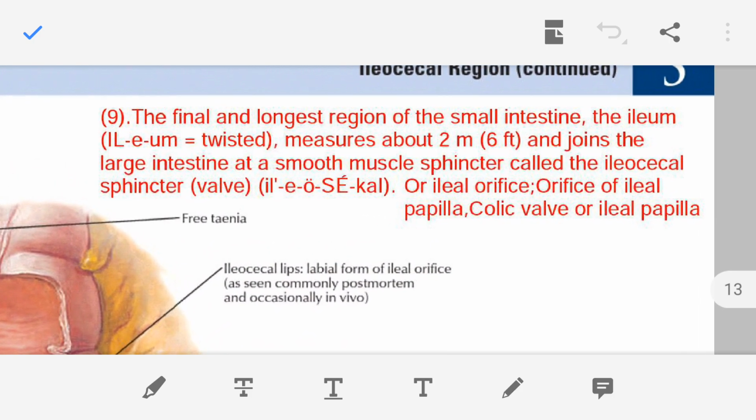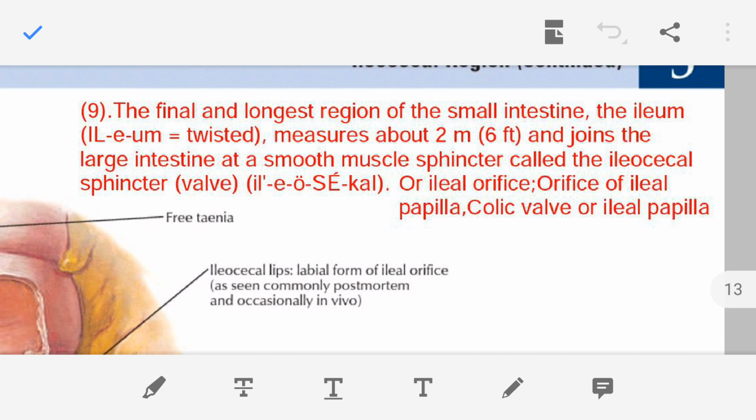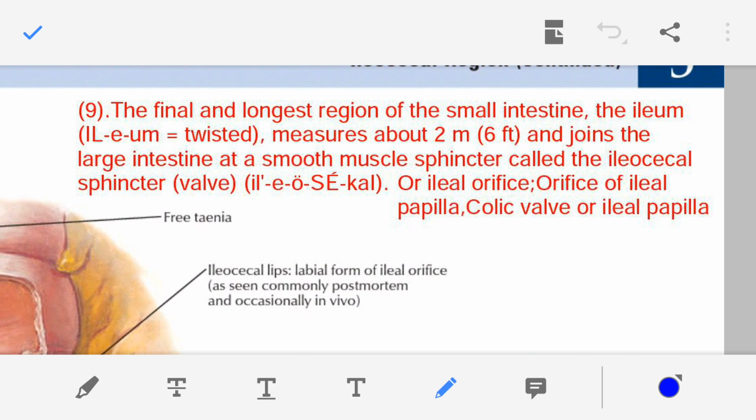There are many names for this single wall. One name is ileocecal sphincter. This wall is also known as the colic wall or ileal papilla, or the orifice of the ileal papilla.